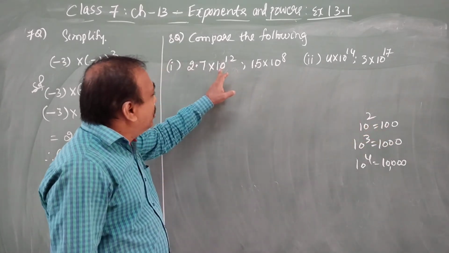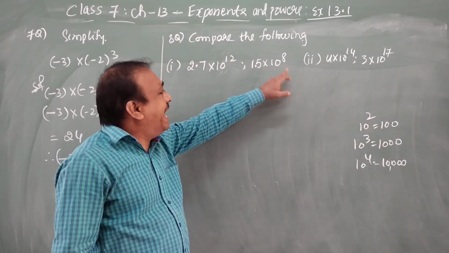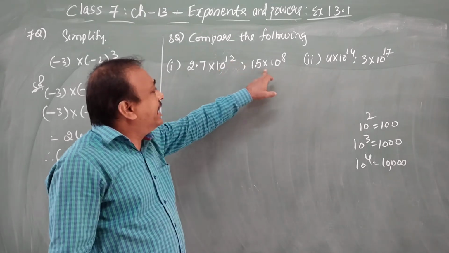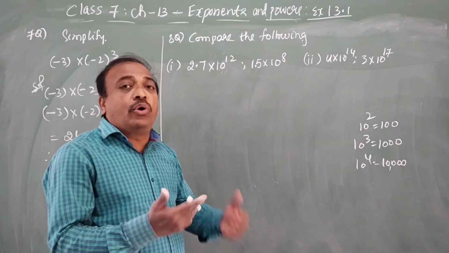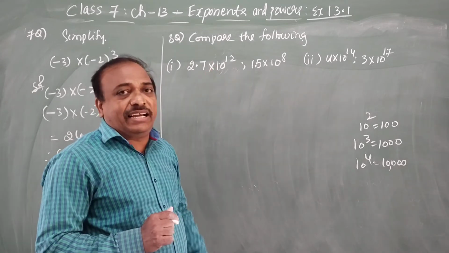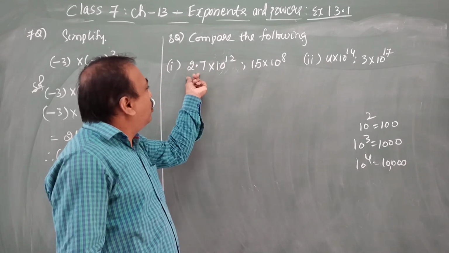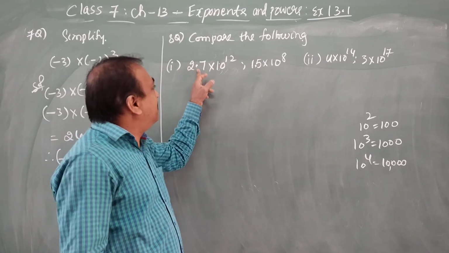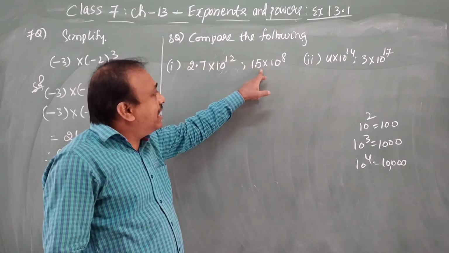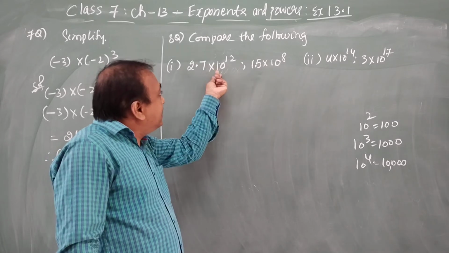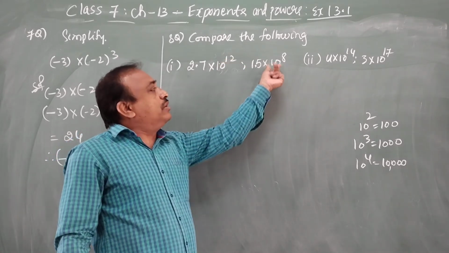Now you tell me in these two, 10 to the power 12 and 10 to the power 8, which will be more? Which power is greater? Both the numbers are 2.7 and 1.5. After the decimal point, here also one digit, here also one digit. But this is 10 to the power 12, this is 10 to the power 8.